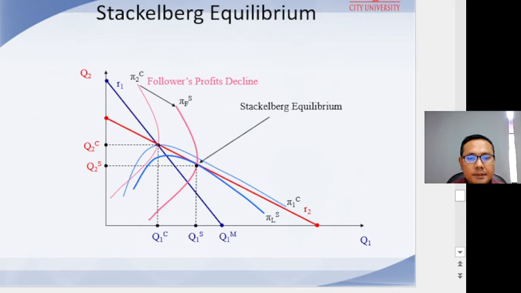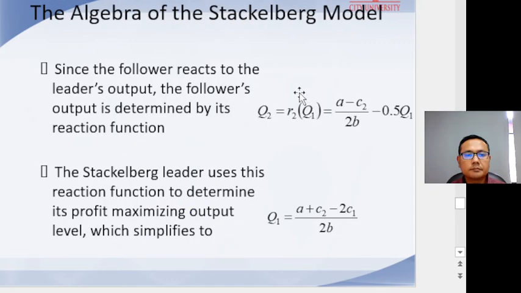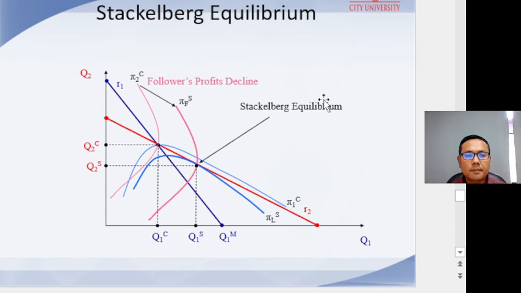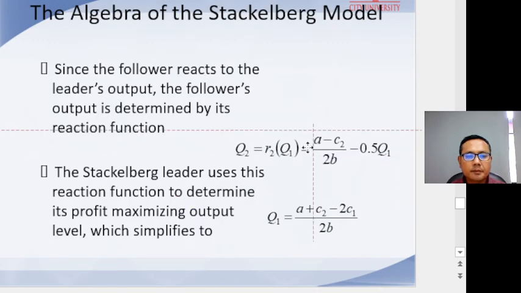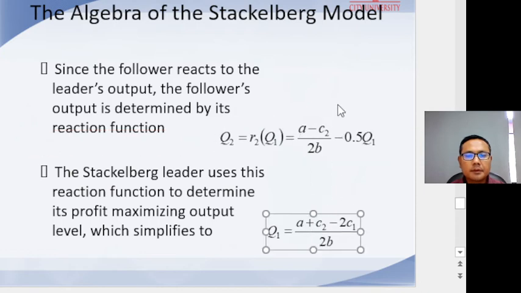You can see from here the quantity of output from firm 1 and firm 2. And this is the algebra of a Stackelberg model.